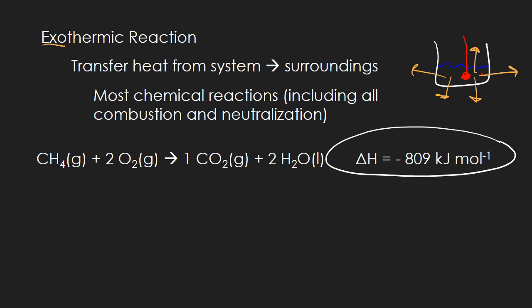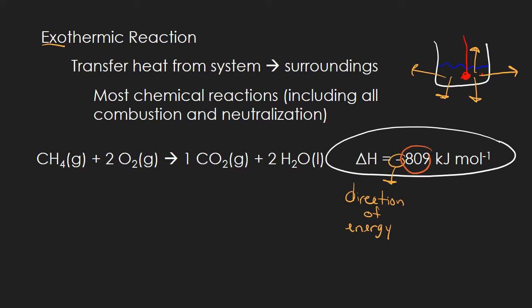Looking at this value, there are a couple of things. Here we have a negative sign. That negative sign is showing the direction of energy. If it's negative, energy is leaving the system. If it's positive, it's moving into the system.